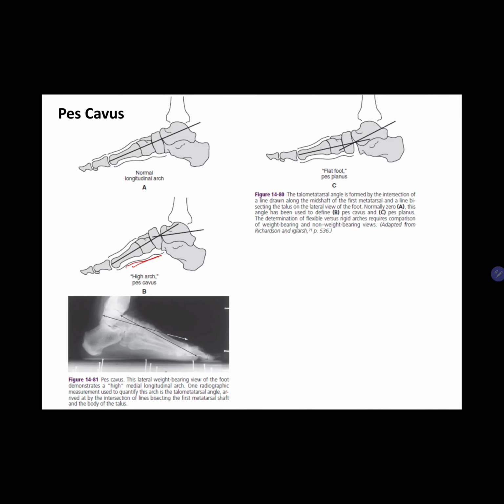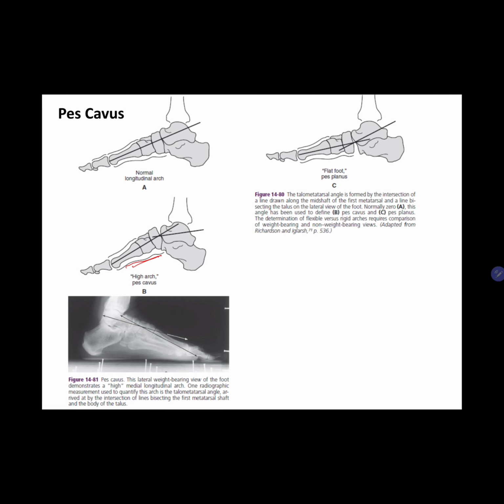For the clinical presentation, patients may present with lateral foot pain secondary to excessive weight bearing, metatarsalgia, plantar keratosis, and ankle instability. For radiologic evaluation, seen in figure 14-18, weight-bearing radiographs are essential for inspection of the DJD, calcaneal positions, and forefoot alignments.